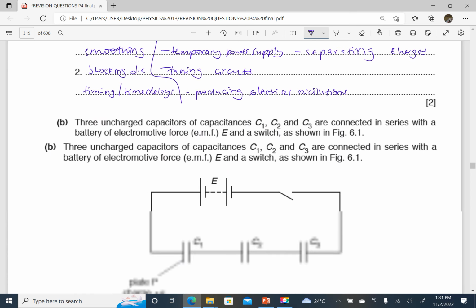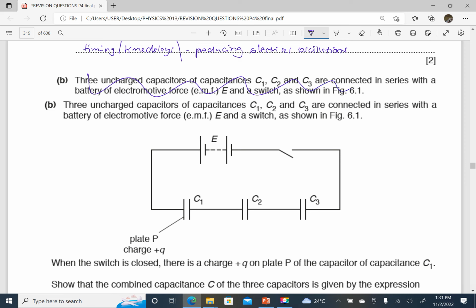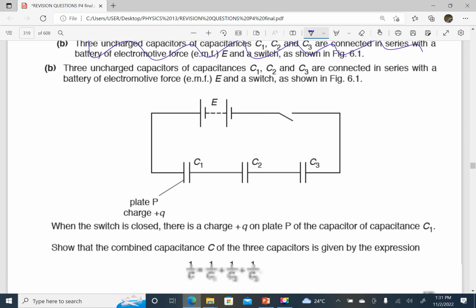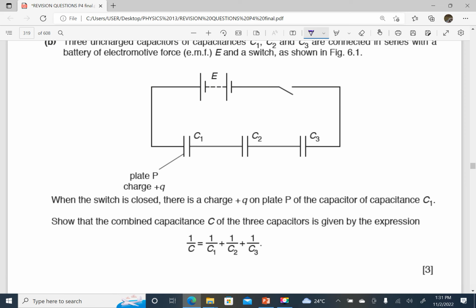Three uncharged capacitors C1, C2, and C3 are connected in series with a battery of electromotive force E under a switch as shown here. When the switch is closed, there is a charge positive Q on one plate of the capacitor C1.